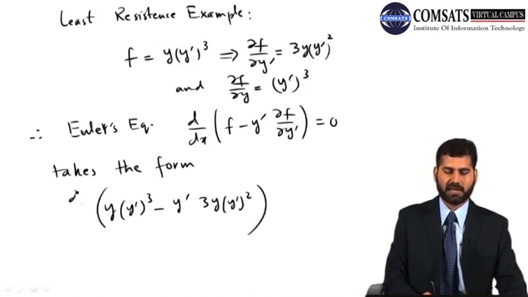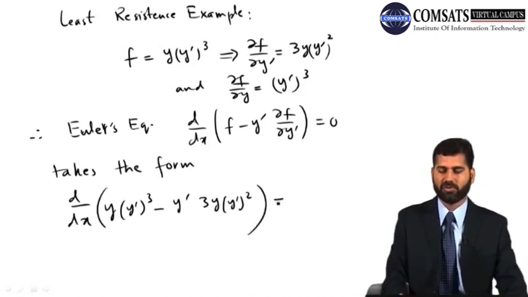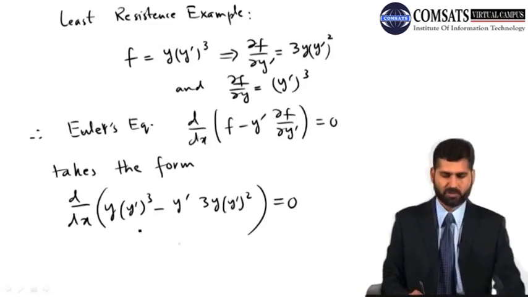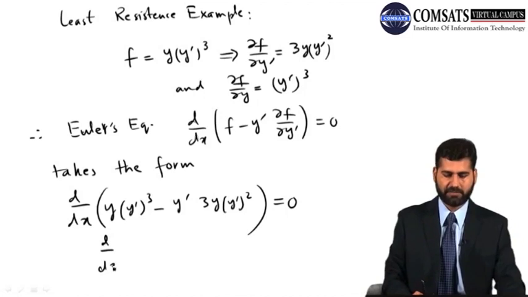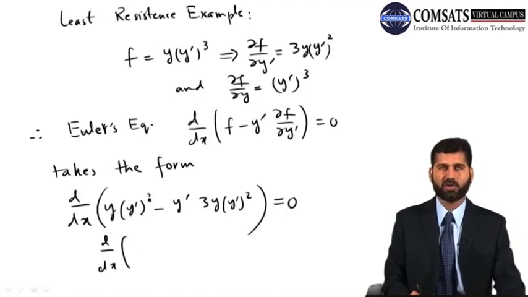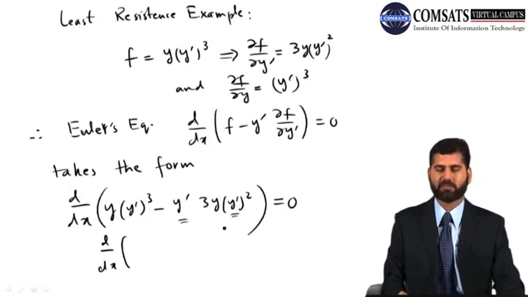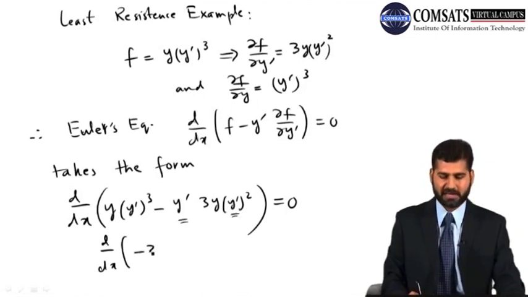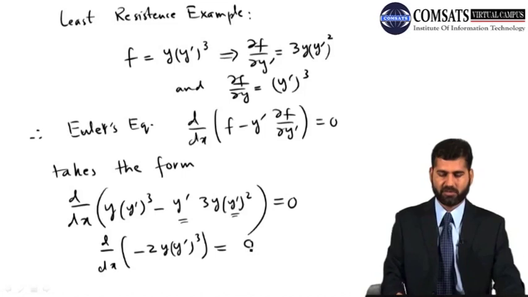This whole thing under d by dx is equal to 0. So this is d by dx of y y prime cube minus 3y y prime cube again, which is minus 2y y prime cube, equal to 0.